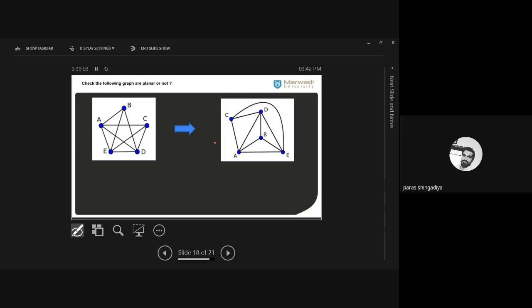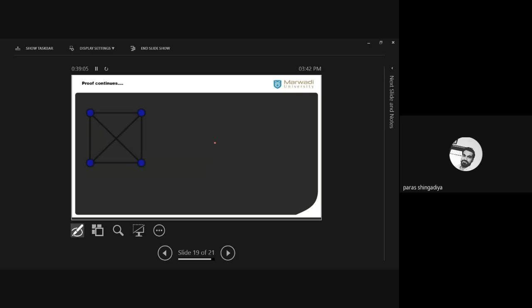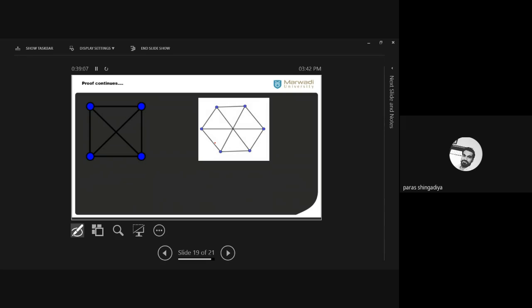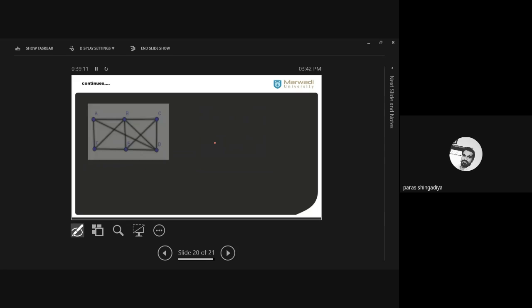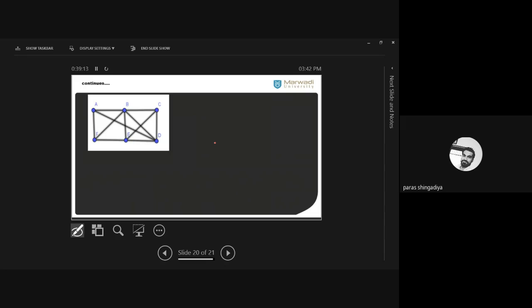Clear? Now that we already checked, that is K4 and that is K33. Now try it for this one. Make this graph planar.